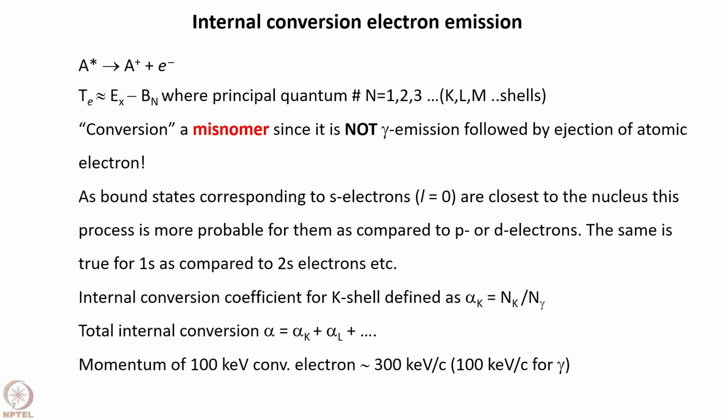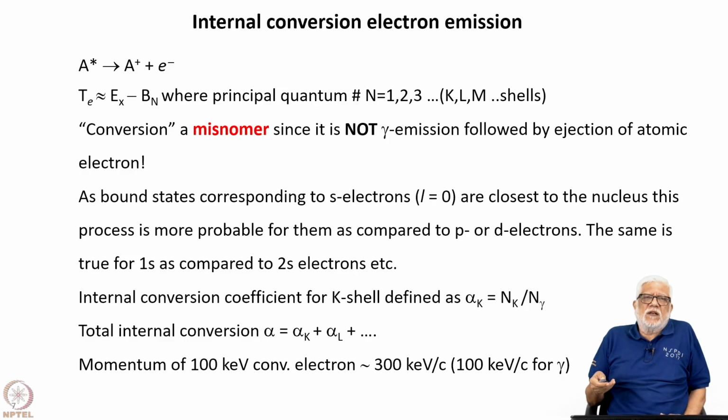Now we come to the other aspect. When you have gamma ray decay or electromagnetic decay, you can not only have photon emission, but you can also have, and we will discuss that a little later, the photon decay, but let us discuss the internal conversion electron emission.